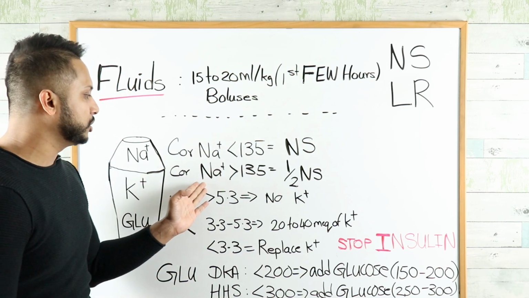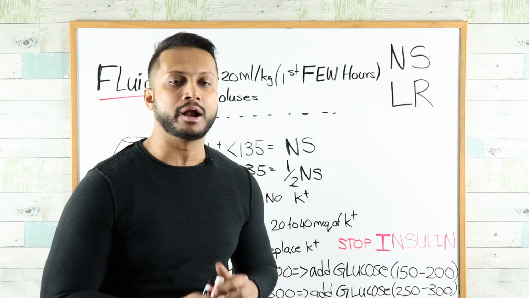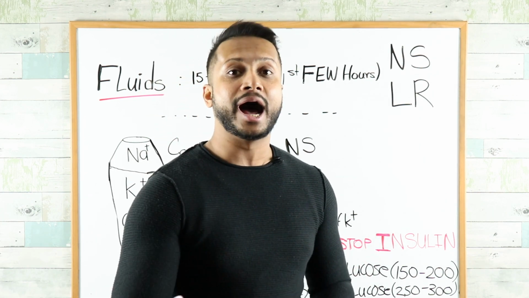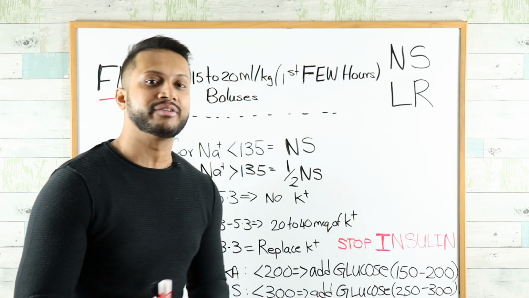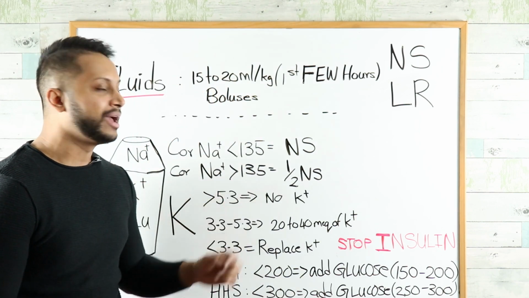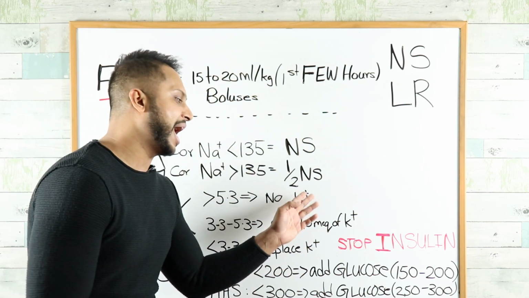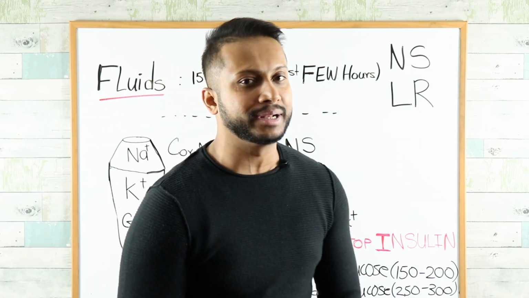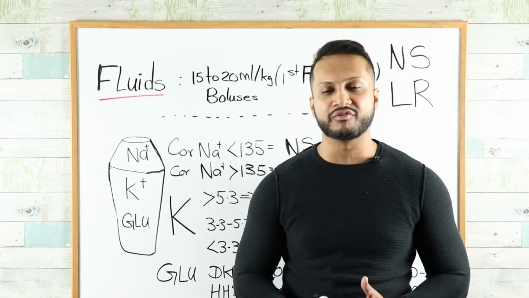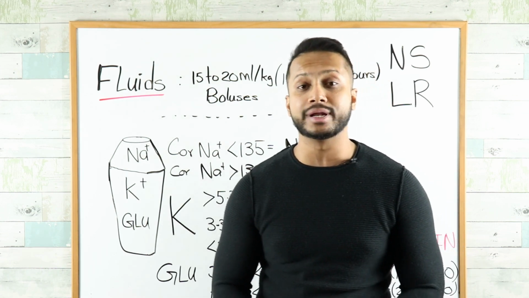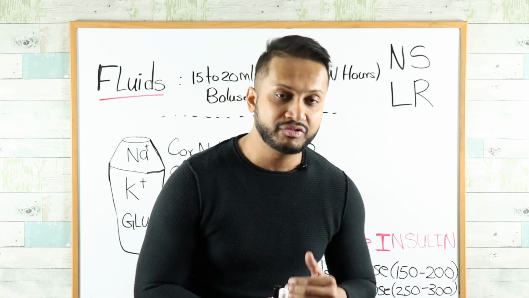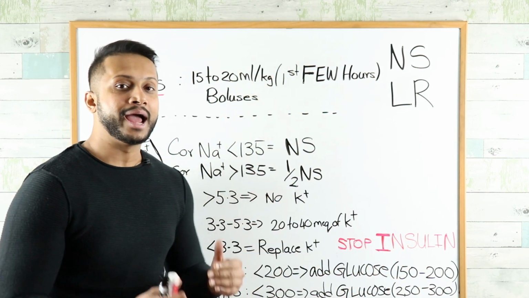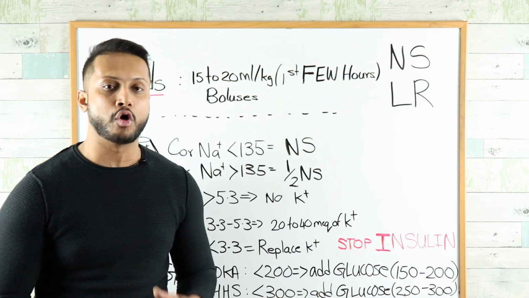If the patient's corrected serum sodium was greater than 135, be it 140, 150, 160, I don't care, at that point you will use half normal saline. That's it. The story with your sodium is so simple, guys. If it is less than 135 is the only time that you would actually use normal saline. If the corrected serum sodium was greater than 135, at this point you will use half normal saline.